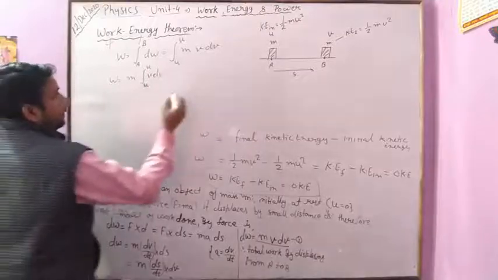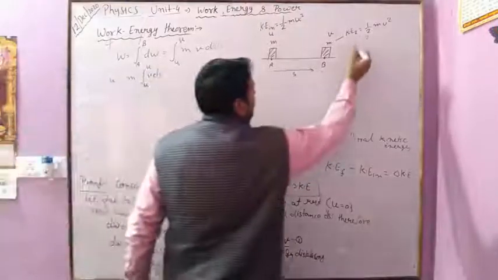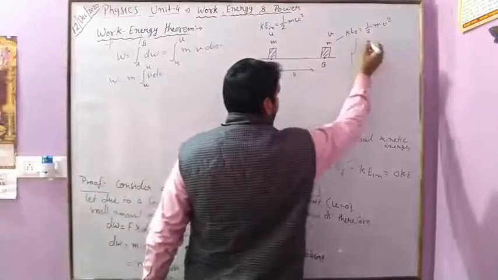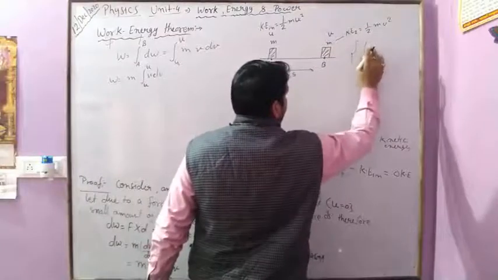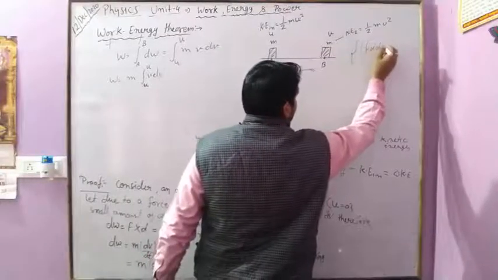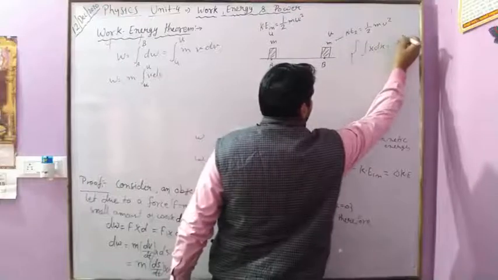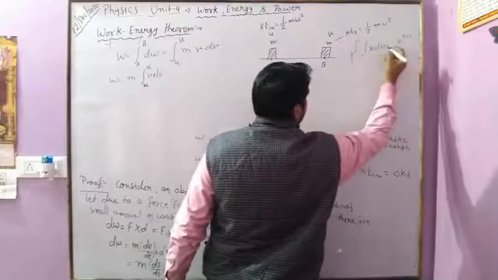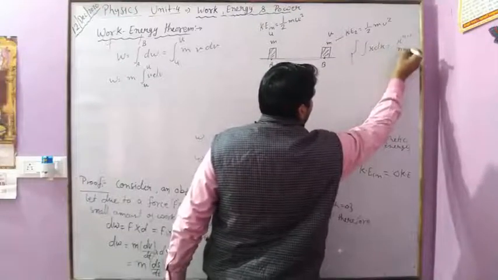dv. Okay, here student, we have a formula for integration, that the integral of x to the power n dx is equal to x to the power n plus 1 upon n plus 1.